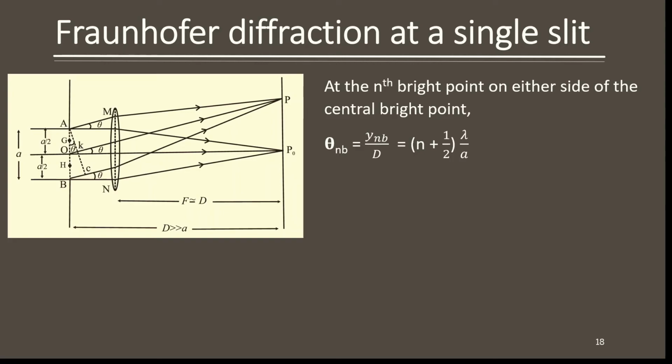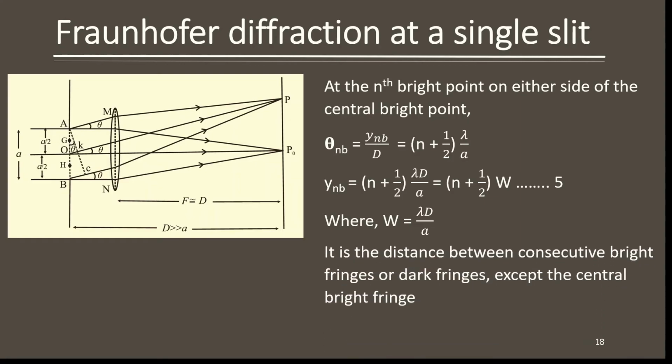So rearranging this, we get y nb is equal to (n plus half) lambda D upon a is equal to (n plus half) W, where W is equal to lambda D upon a. It is the distance between consecutive bright fringes or dark fringes except the central bright fringe. W is called the fringe width.